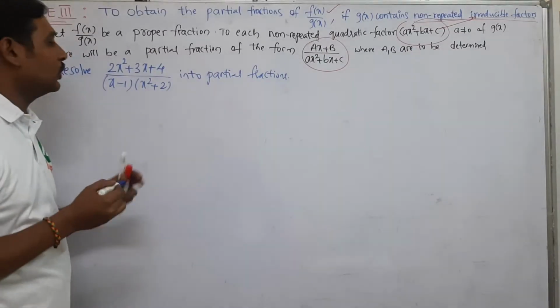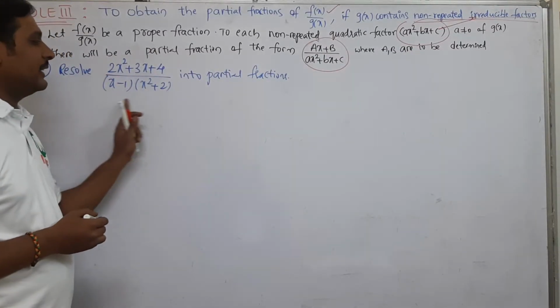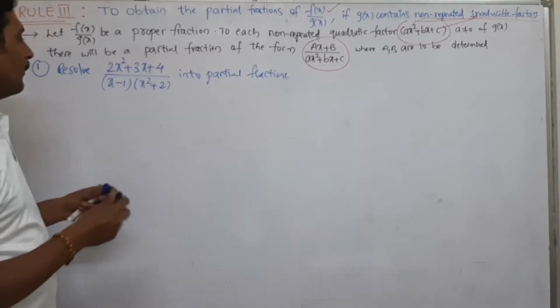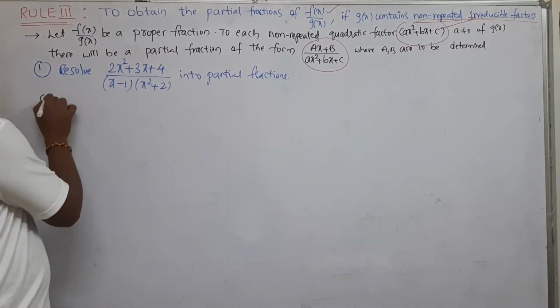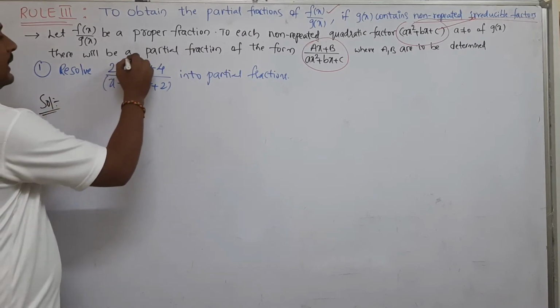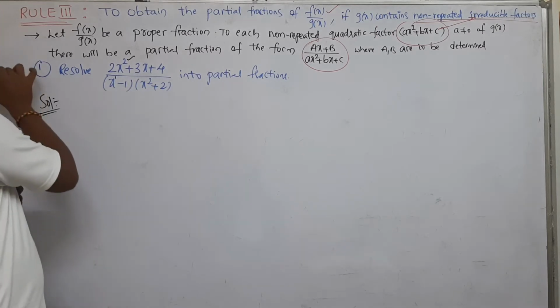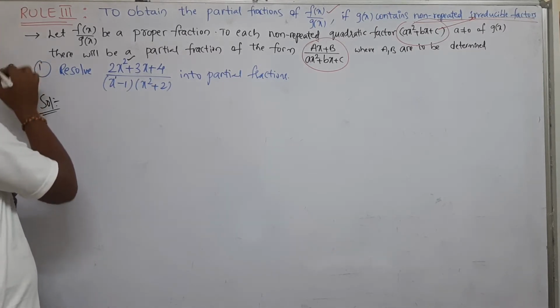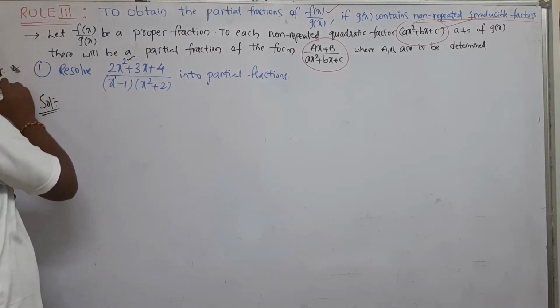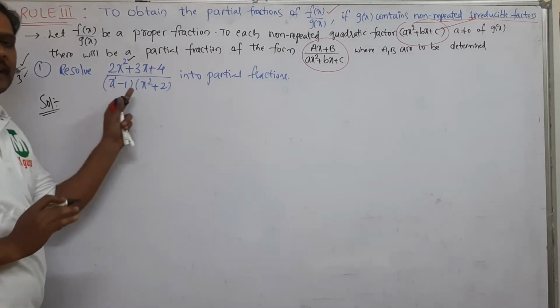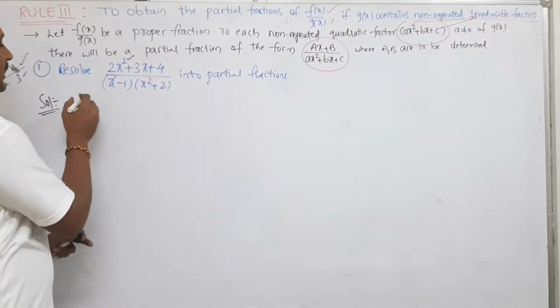The question is to resolve this into partial fractions. First, let us check the degree. The numerator degree is 2, and the denominator degree is 1 plus 2, which is 3. So the numerator degree is less than the denominator degree. Hence the given question is a proper fraction.